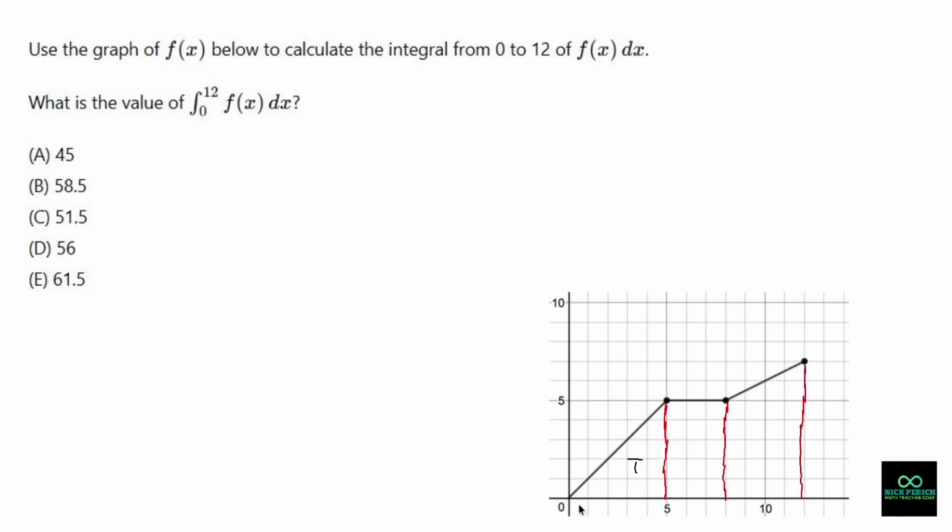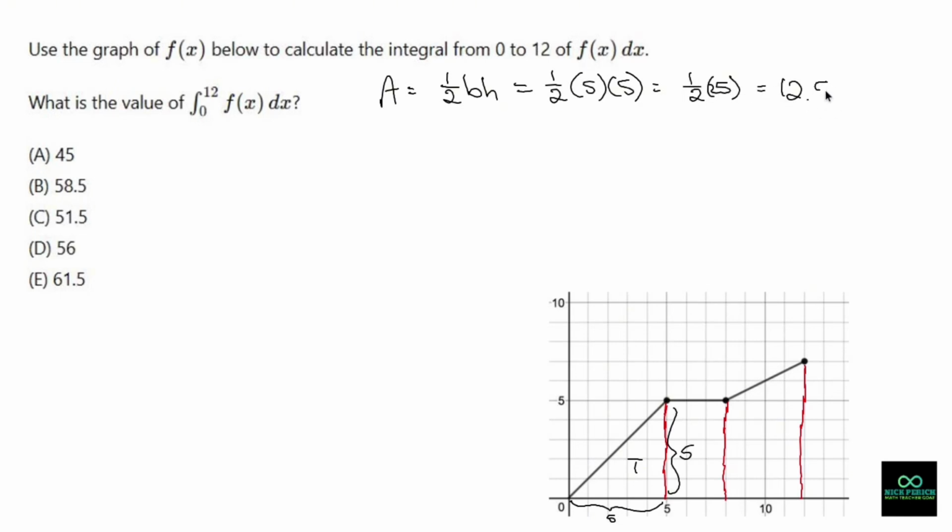Okay, this is a triangle that has a base of 5 and a height of 5. Okay, so the area of a triangle is half times base times height. So in this case, half times 5 times 5, which is going to be half of 25, that's a 12 and a half.